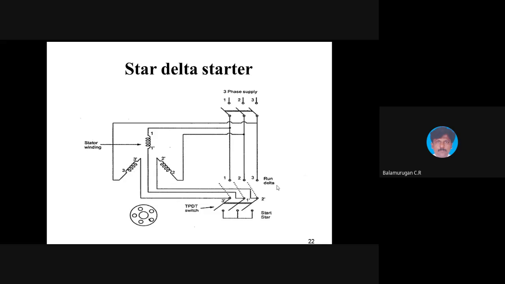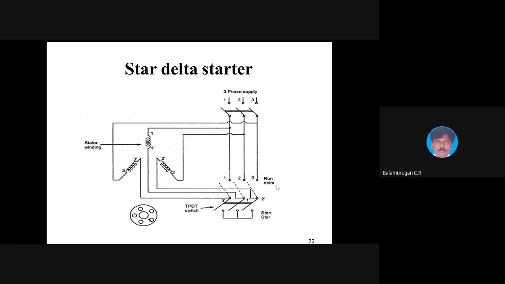So what is this concept? Here we have the three phase winding separately: 1 dash, 2 dash, 3 dash. You see the position of the switches. Three phase supply is given, full supply is given to the winding. The supply is given at the entry point, 1, 2, 3. Leaving point will be 1 dash, 2 dash, 3 dash.